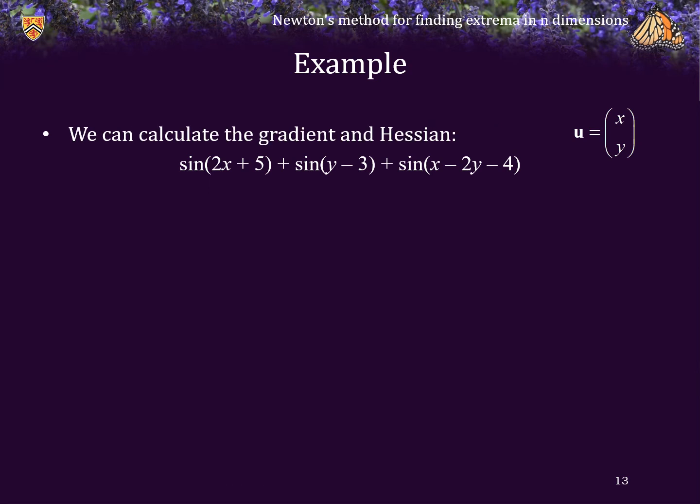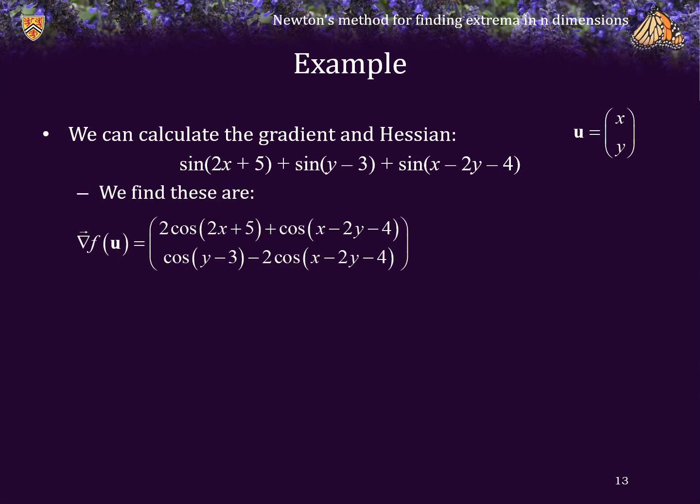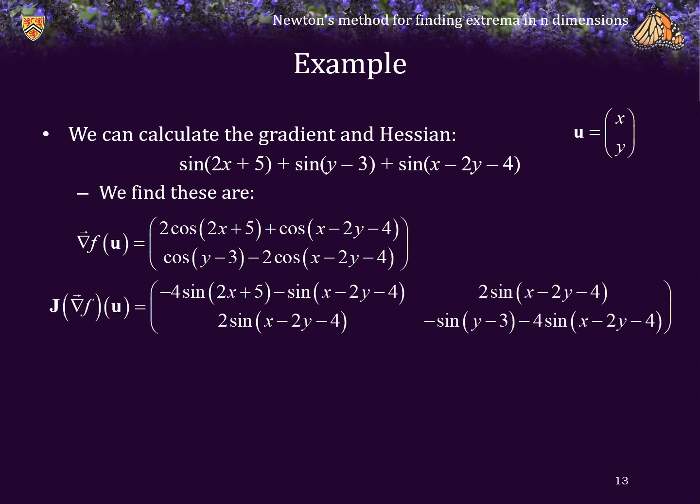So, given this particular function, we can calculate the gradient and the Hessian. So here's the gradient, the partial with respect to the first variable, in this case x, and the partial with respect to the second variable y. We can then calculate the Hessian, or the Jacobian, of that.